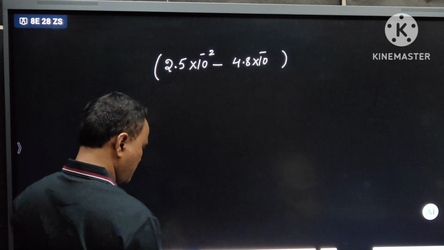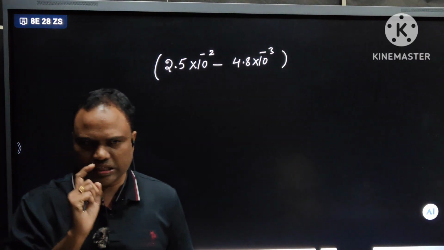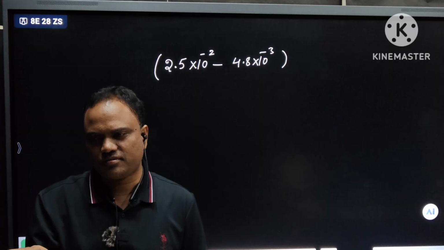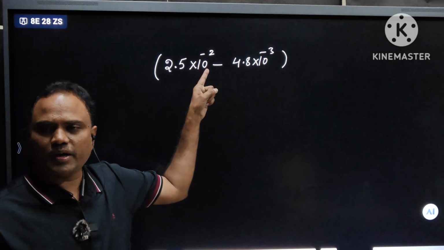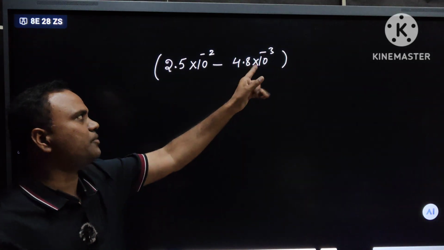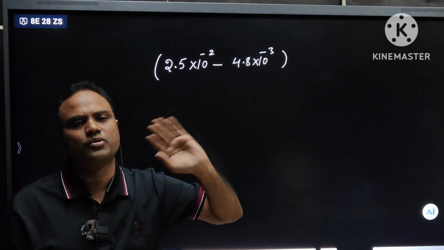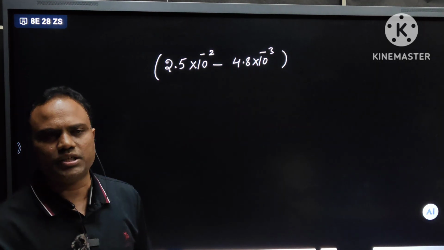Same rule. Okay. I'll give you one hint. Equate exponents first. Here 10 power minus 2 is there, 10 power minus 3 is there. So bring this 10 power minus 3 as 10 power minus 2. You know, that is simple mathematics. Okay. Try.